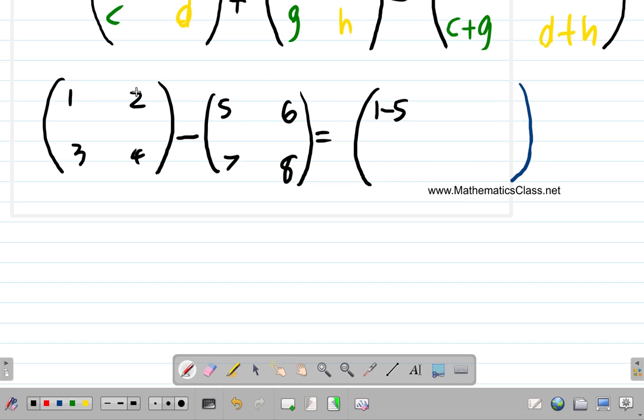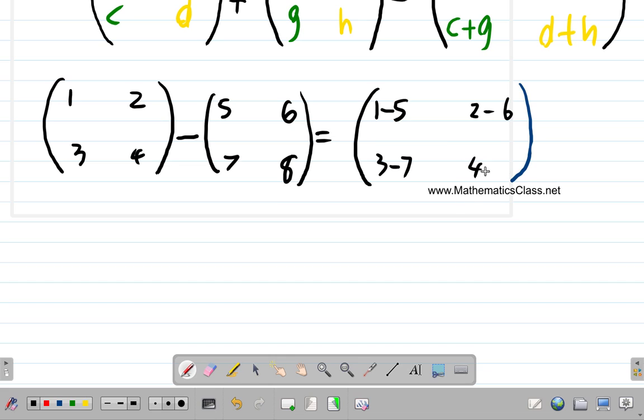Row 1, column 2 element minus row 1, column 2 element. So you will have 2 minus 6. Now, row 2, column 1 element minus row 2, column 1 element. You get 3 minus 7. Row 2, column 2 element minus row 2, column 2 element.